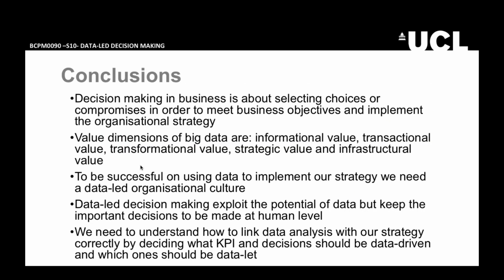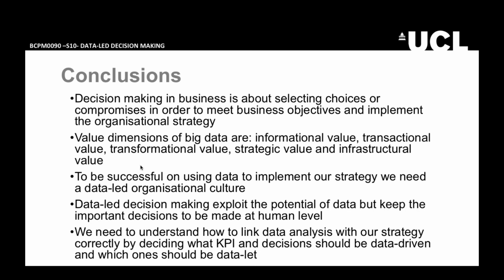So finally, I would like to summarize here the main conclusions of this session. The first one is that decision making in business is about selecting between different choices in order to meet the business objectives and implement the organizational strategy. We can identify some value dimensions from big data, which are informational, transactional, transformational, strategic, and infrastructural.